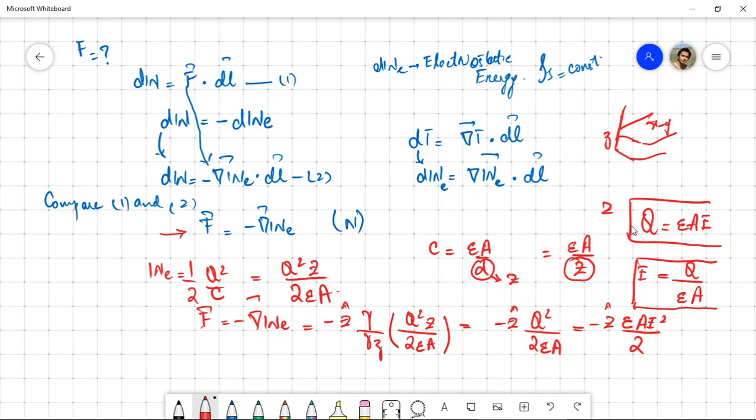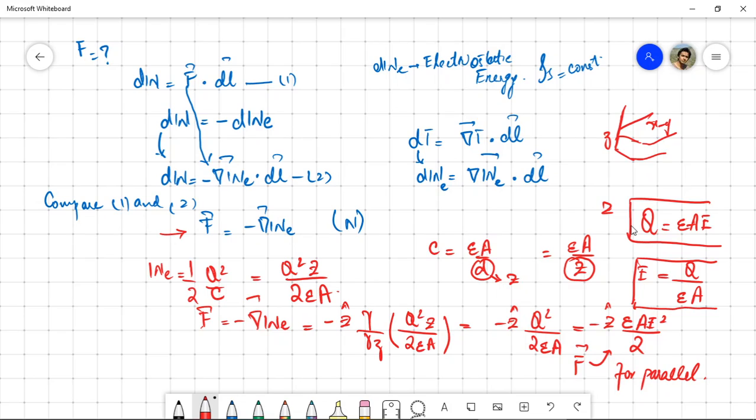This value of F is for parallel plate capacitors. You can extend this concept to any kind of capacitor. You can extend this concept to the coaxial cable one that we studied in the example 4-12, I guess.